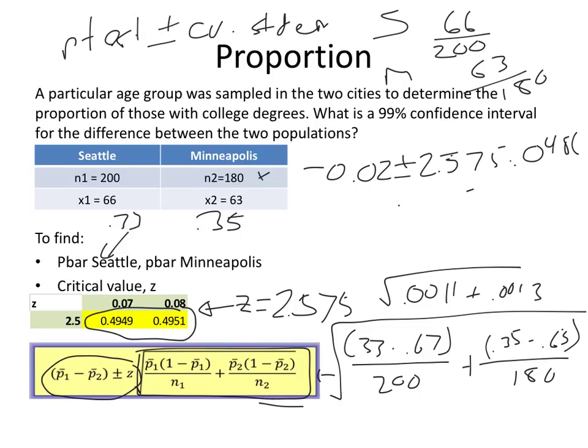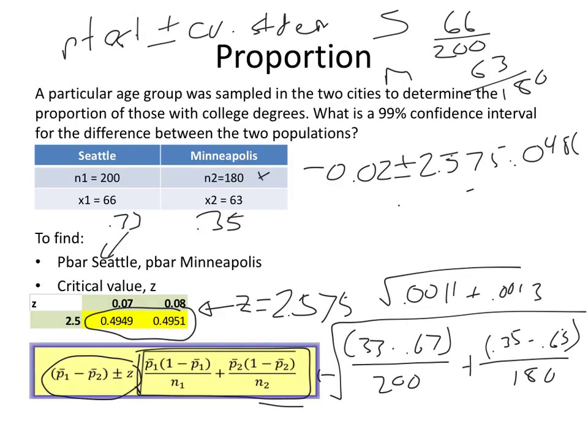The confidence interval estimate will give us a range of possible values that says the true difference between the populations is somewhere between the upper and lower limit that we'll calculate. So we've taken a sample. In this case, Seattle was 2% lower than Minneapolis, but now we're going to add this margin of error around that to create our confidence interval estimate.